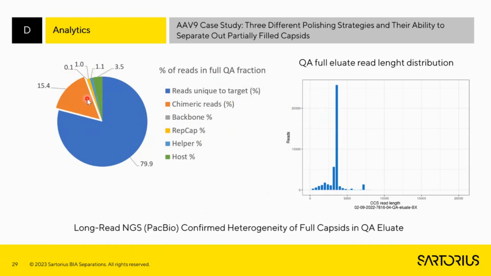But we always have chimeric reads. We have some residual backbone, some residual plasmid, rep cap, helper, and also some host DNA. And this is within the capsid. So this is something to be aware of: we don't have just one population of AAV, but multiple populations, as well as different proportions of the genome.